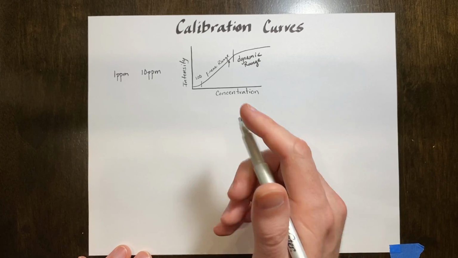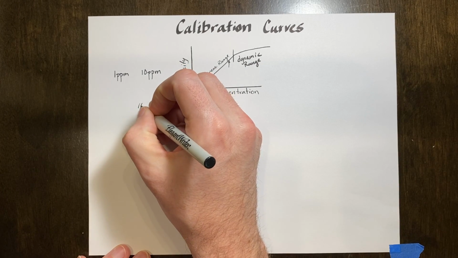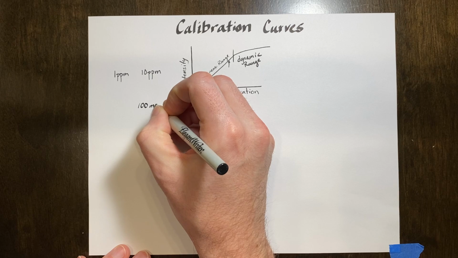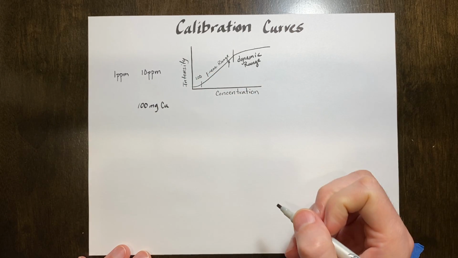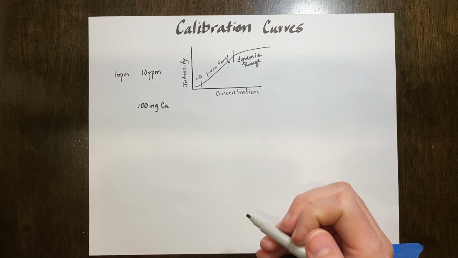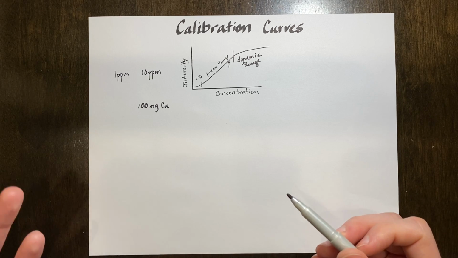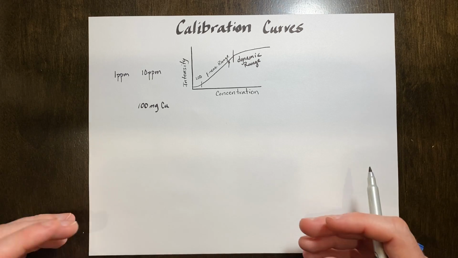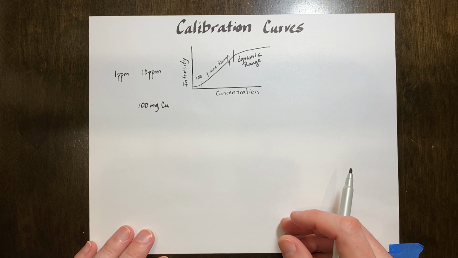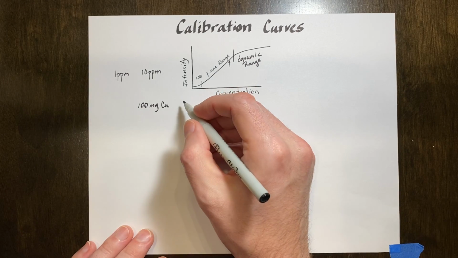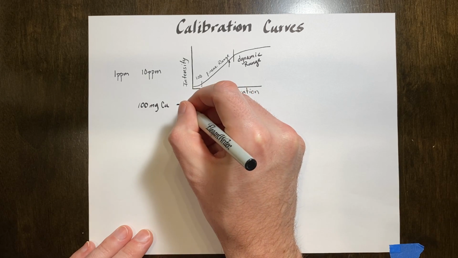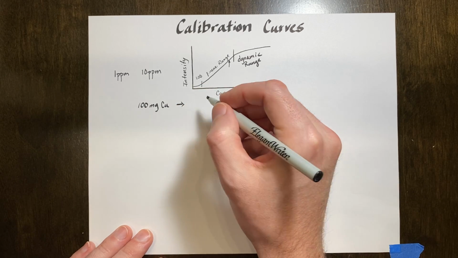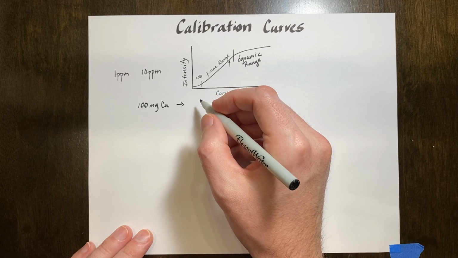What I'm going to do is weigh out 100 milligrams of copper metal. Copper metal is a primary standard. It abides by a lot of the other goals that we want in a primary standard. I will dissolve this in a small quantity of nitric acid.